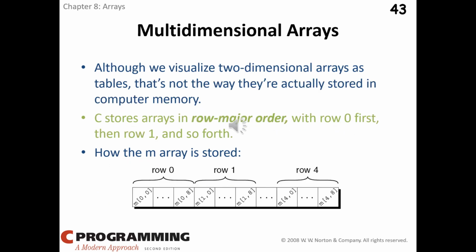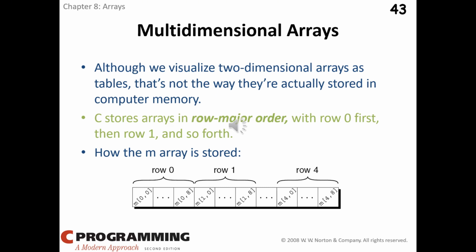Now let's take a peek behind the scenes at how our two-dimensional array is stored in the computer's memory. It's a bit like organizing books on a shelf in a library. Imagine each row in our two-dimensional array is like a shelf and each column is like a book. Just like you'd read a bookshelf from left to right, row by row, the computer stores our array in a similar way. If we have a two-dimensional array called m, the computer lines up the rows one after the other, like sticking bookshelves next to each other.